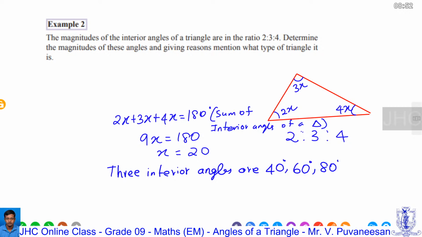Okay, so these three angles are less than 90 degree. So what type of triangle is it according to the angles? Acute angled triangle.